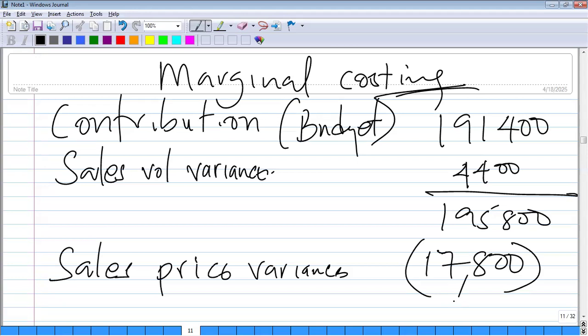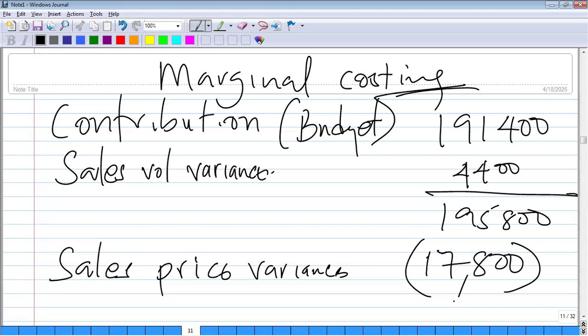Why? You sold at a lower price, but you didn't get the number of units. They reduced the price, but that did not significantly cause the sales units to increase to match the reduction in price.